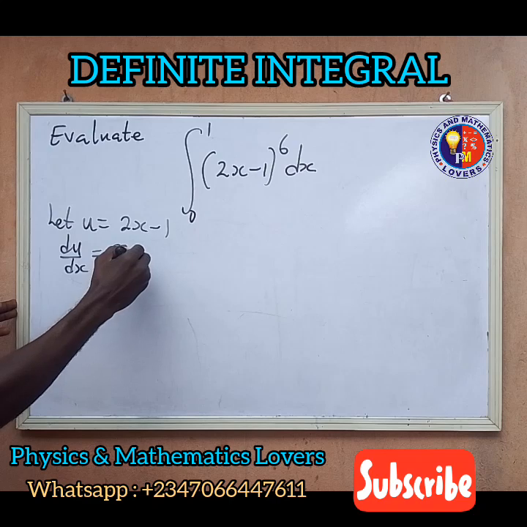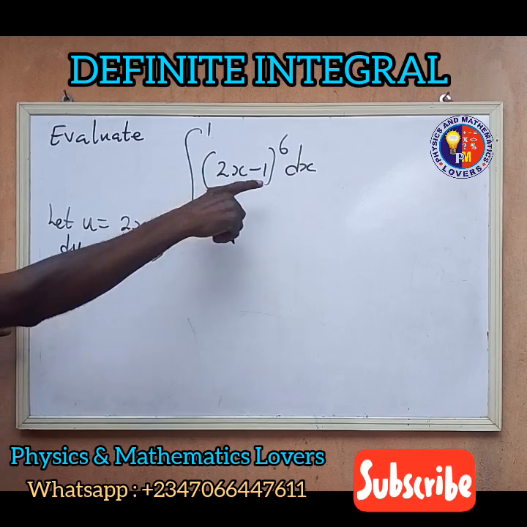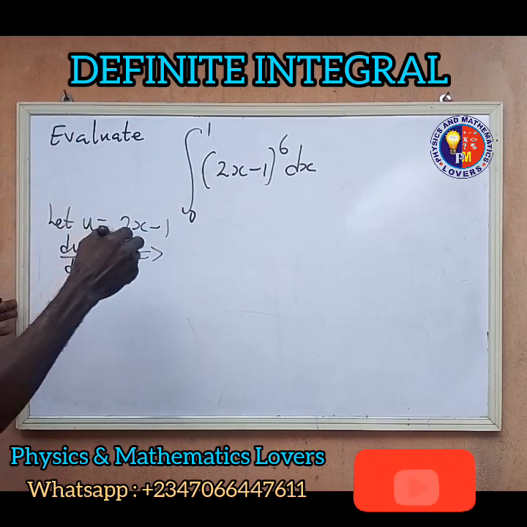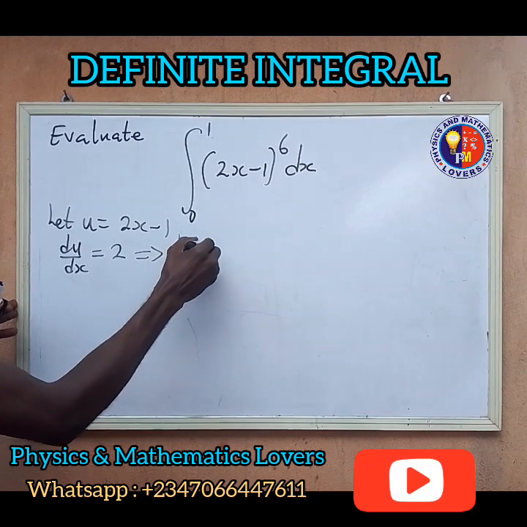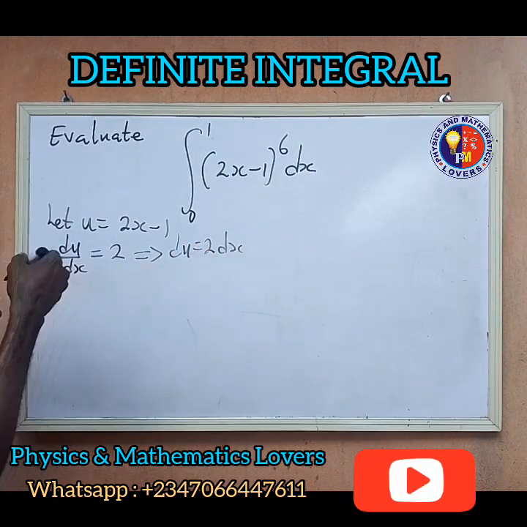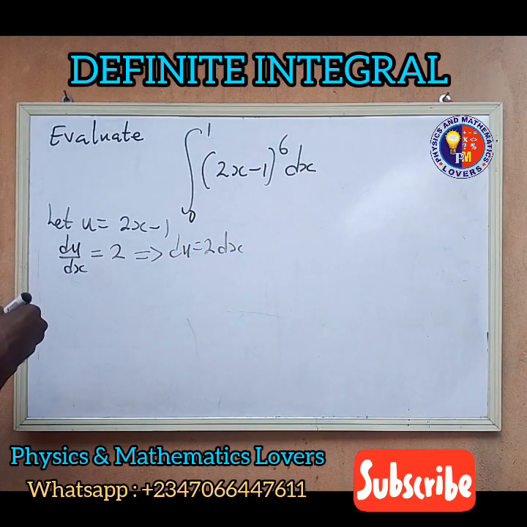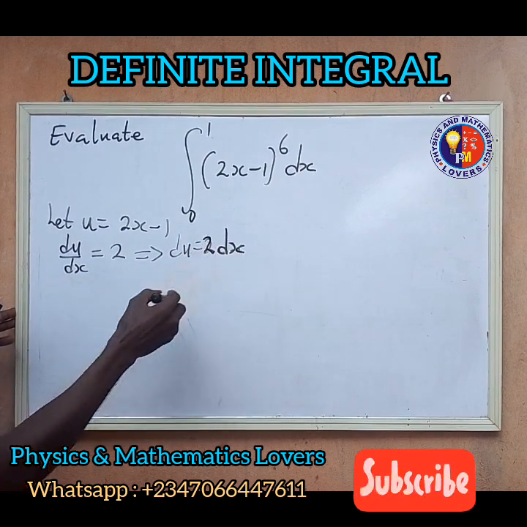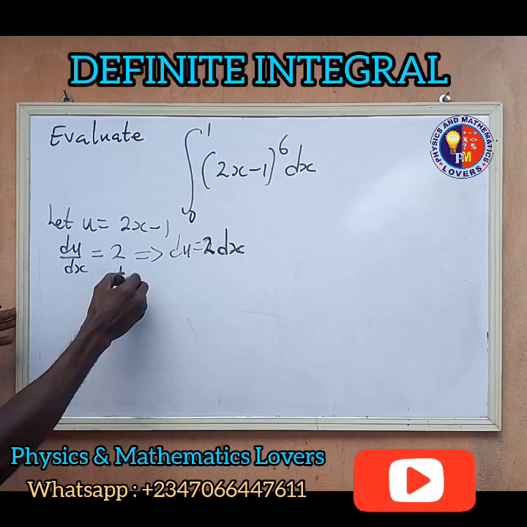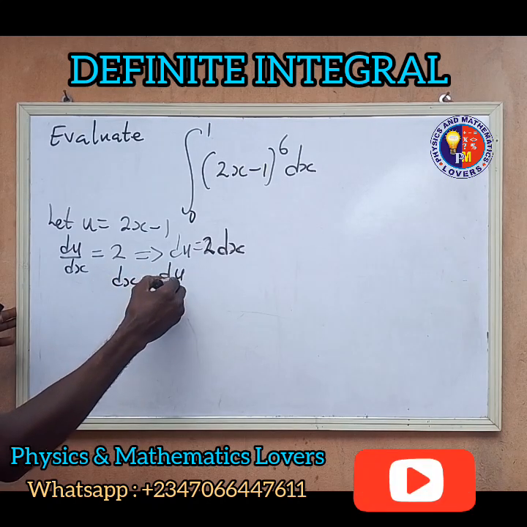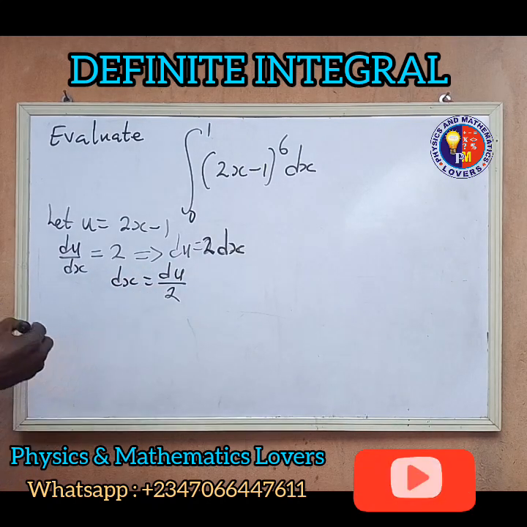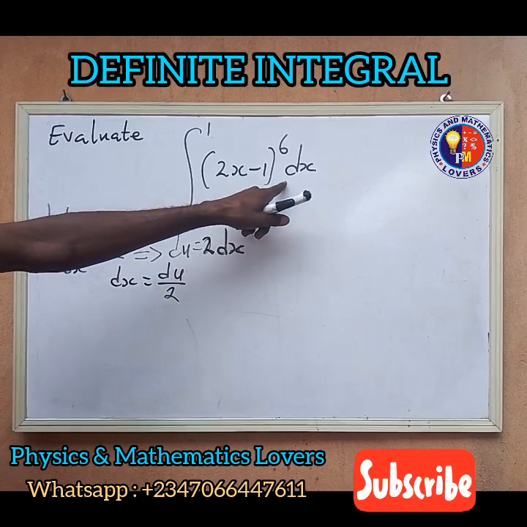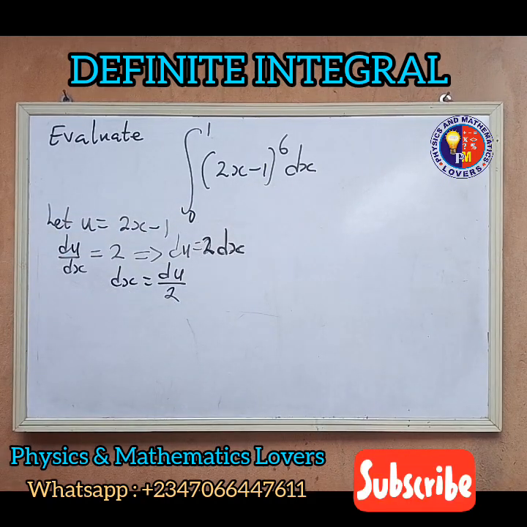So meaning that if I want to have my dx plugged in there, I'm going to have my du equal to 2 dx. So dx is equal to du over 2.